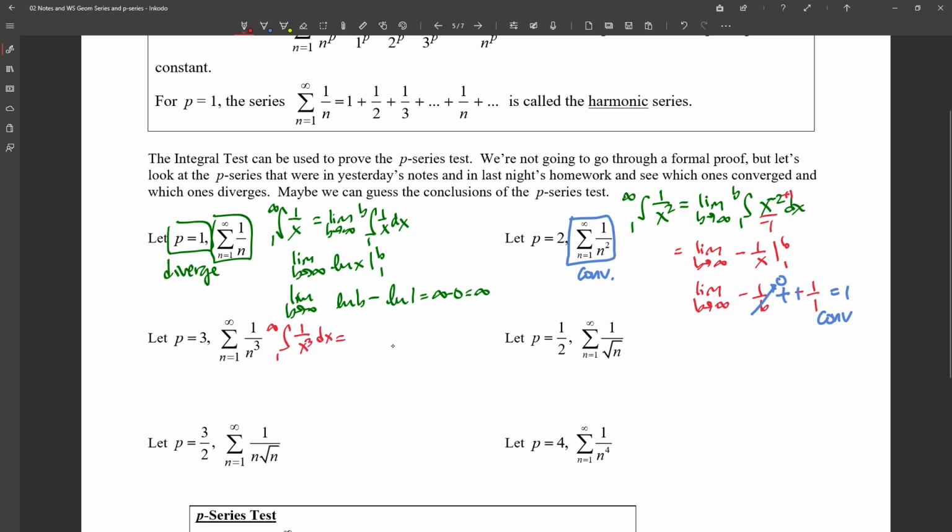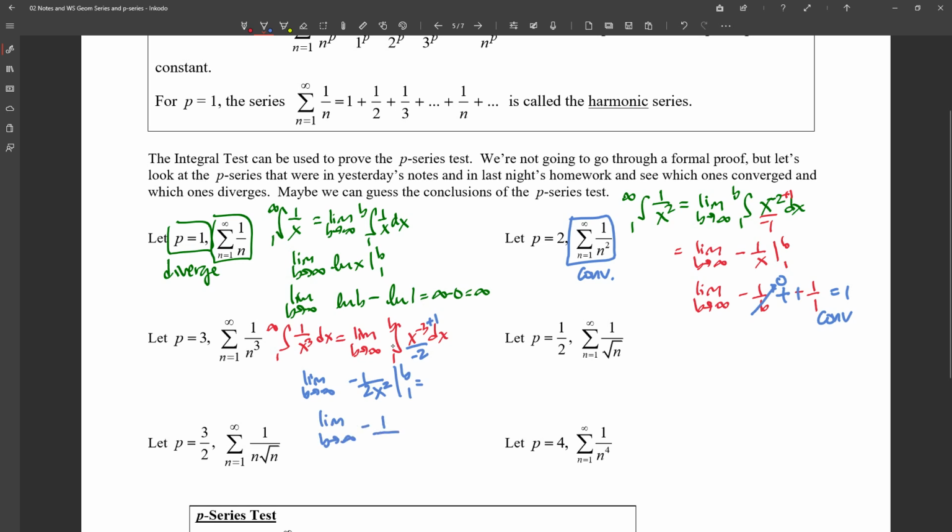All right, that's equal to the limit as b goes to infinity of the integral from 1 to b of x to the -3 dx. I'm going to add 1, divide by -2. So what I get here is a limit as b goes to infinity of, that's a -2. So -1/2 x squared on the bottom, from 1 to b. That's going to be equal to the limit as b goes to infinity.